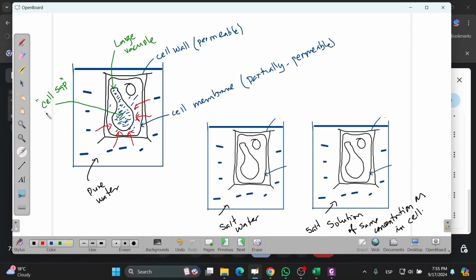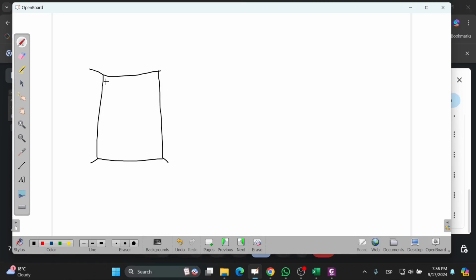So this cell is going to look like what? This cell that takes a lot of water in it. I'm dedicating a lot of time to this, guys, because this comes in the exams. As you saw at the beginning, some questions.